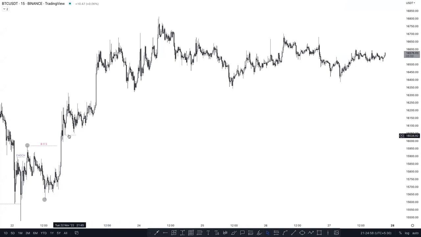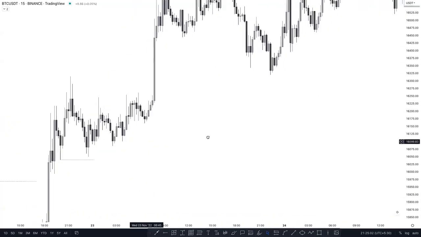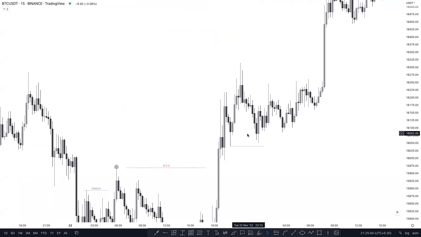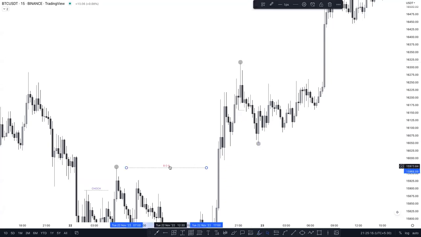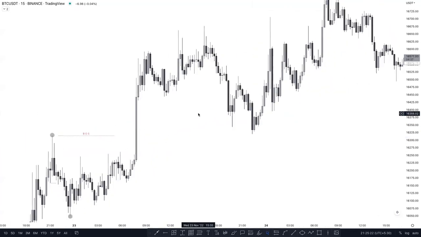Okay, I think zoom this part. This one is here. A very minor inducement is here. Higher high, higher low. And this one, break of structure.